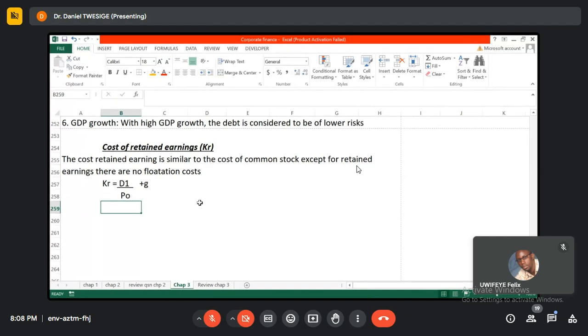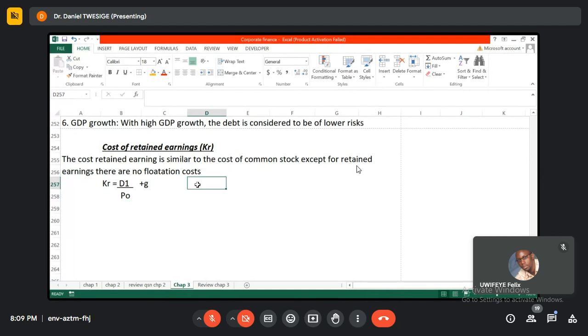Because it was under the assumption that it is the dividend for the next year. Yes. And for common stock, that is what we saw last time. And now we are on retained earnings.